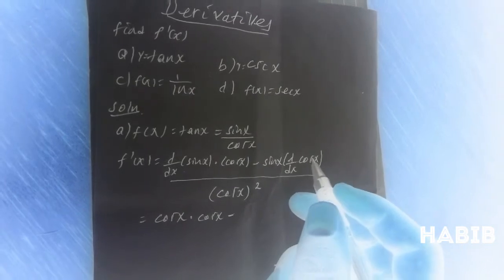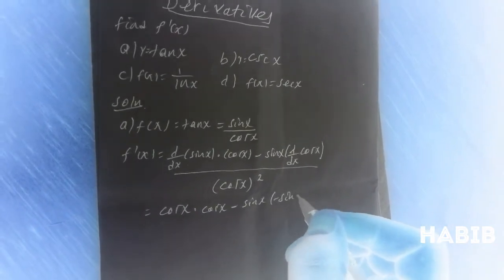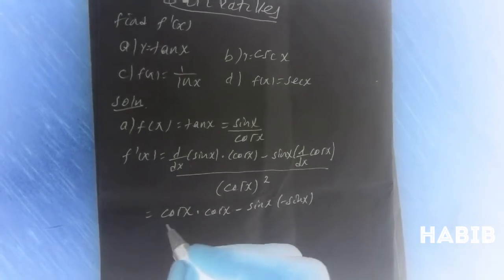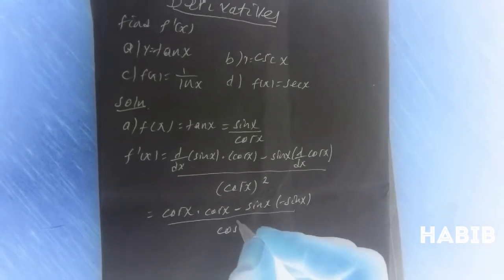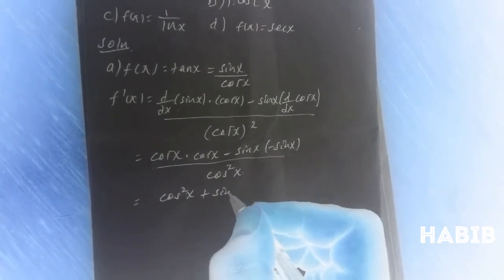This equals: d by dx of sin x is cos x, the derivative of sin x equals cos x. Cos x times cos x minus sin x times the derivative of cos x, which is minus sin x, because the derivative of cos x is equal to minus sin x, the whole over cos x the whole square, cos square x.